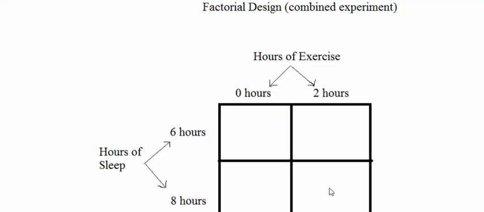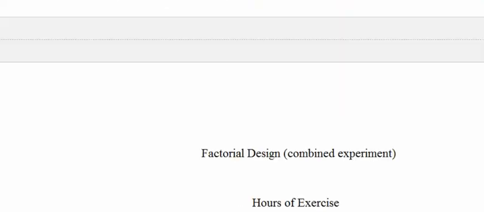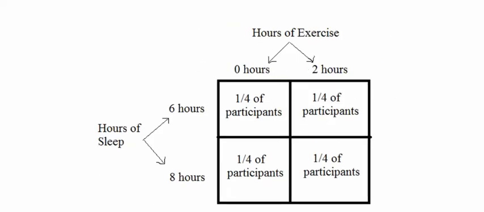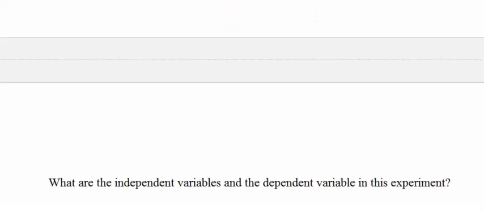So here, in this case, it's all possible combinations of the 2 levels of hours of exercise and the 2 levels of sleep. Here I'm just showing 1/4 of participants to each box.